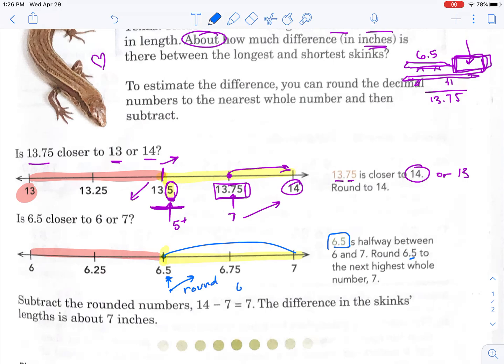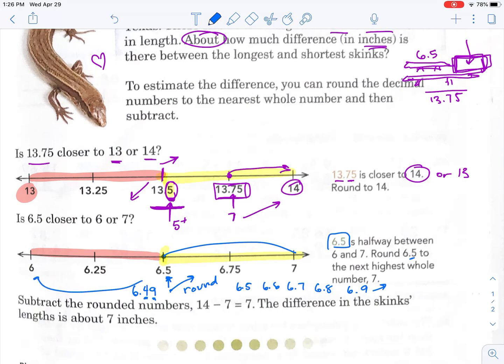So anything, 6.5, 6.6, 6.7, 6.8, 6.9 anything, you're going to round up. So what's going to be our highest one where you round down?